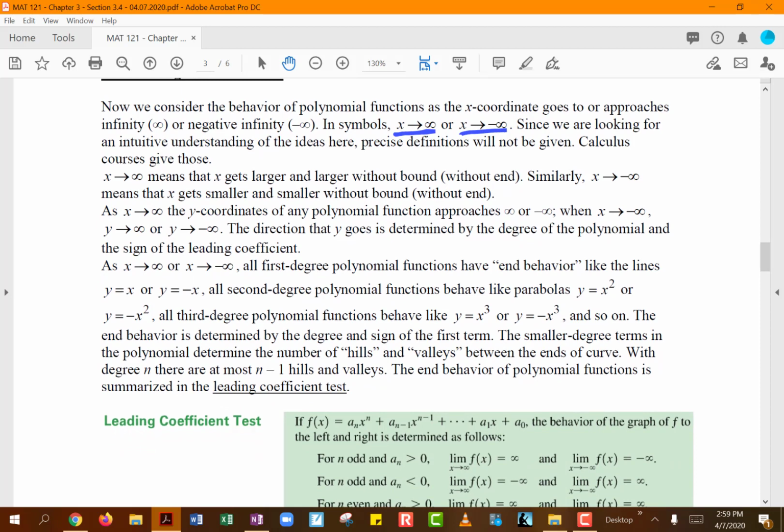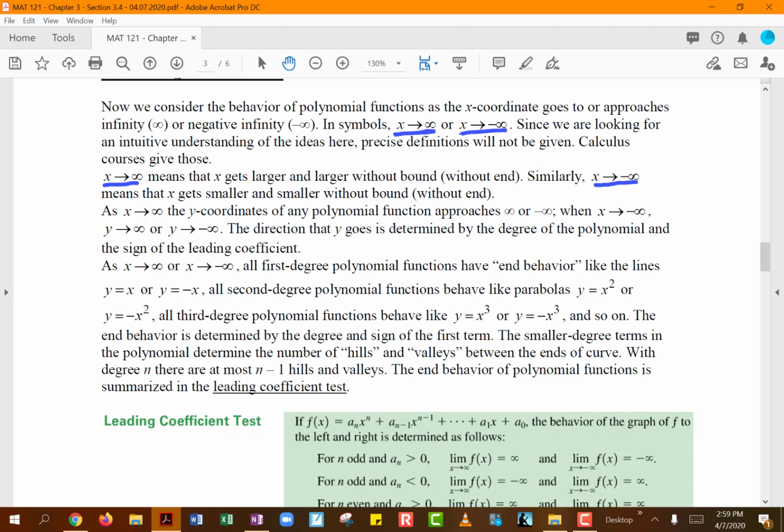When we say x approaches infinity, that means your x value is getting really, really large without bound, because it keeps going. In the same way, when we say x is approaching negative infinity, that means your number is getting really, really small, because you're going on the negative side of infinity, again without bounds.